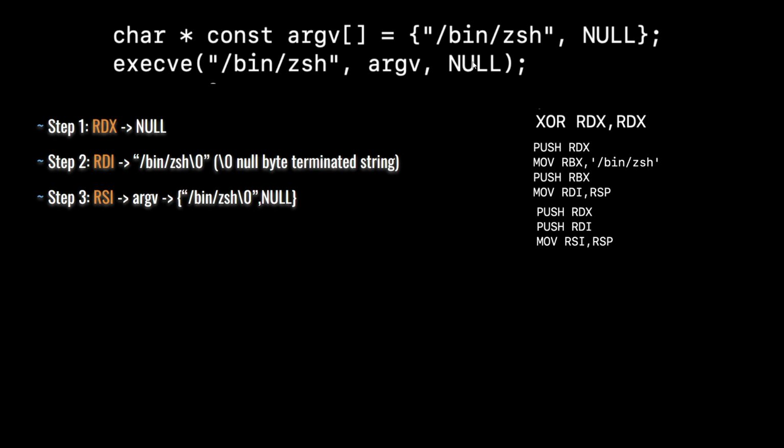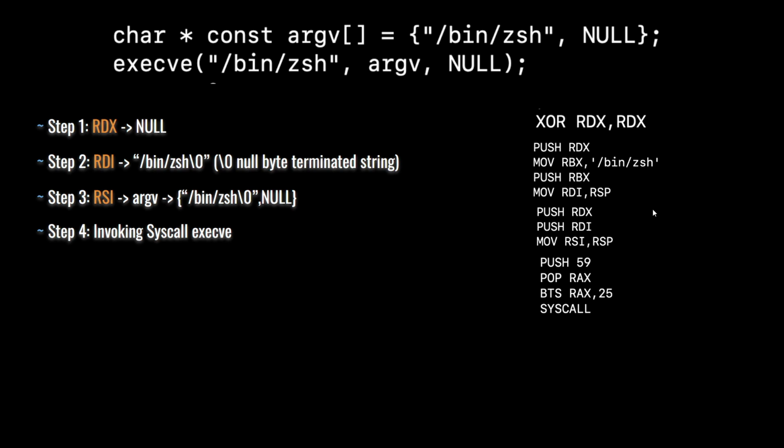First we store the null, which is done using push rdx, and then we push rdi, which stores the null byte terminated /bin/zsh string onto the stack, and then we move this value into rsi, which is the second argument register. So this is another explanation. This is argv1 to make more sense. This is null, and argv0 being /bin/zsh null byte terminated, which we had stored in step 2.